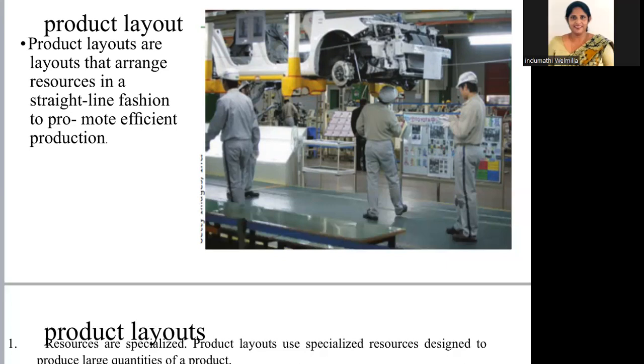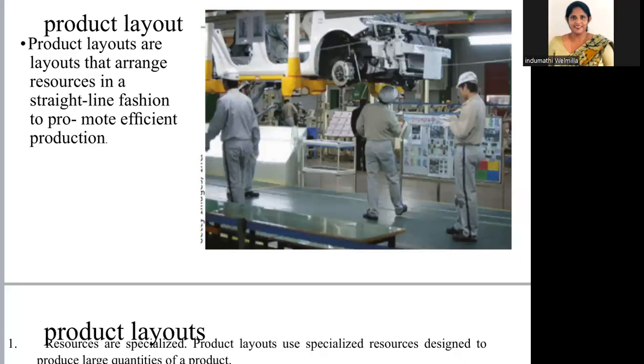Another thing we can see is that product layouts are seen on the assembly line. As more examples, we can show the cafeteria, or even the car wash.